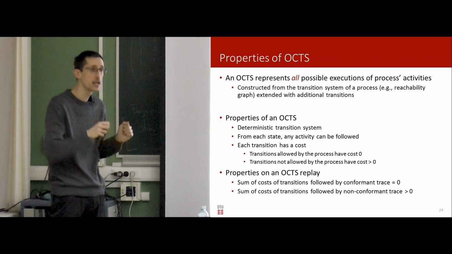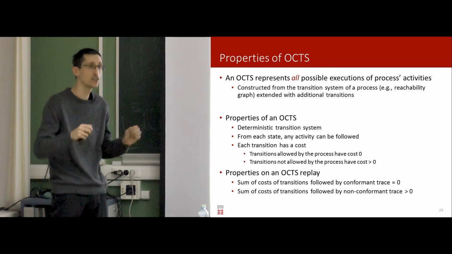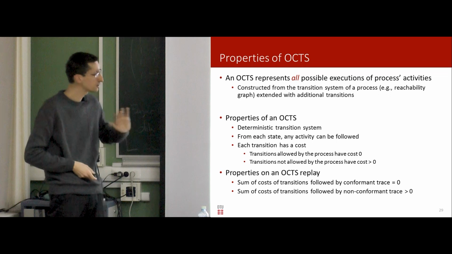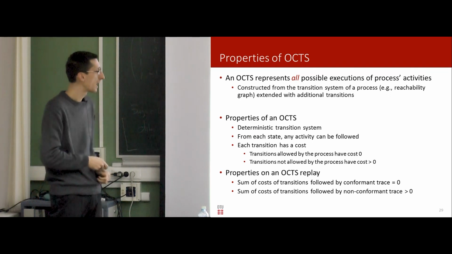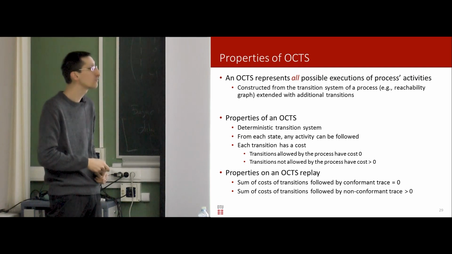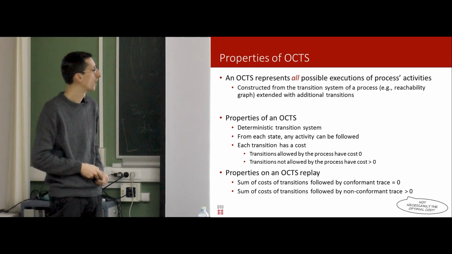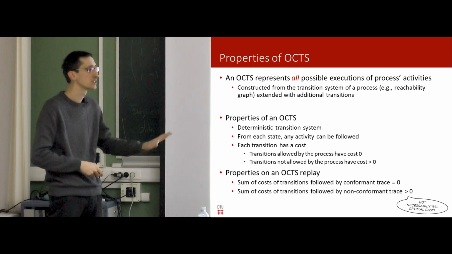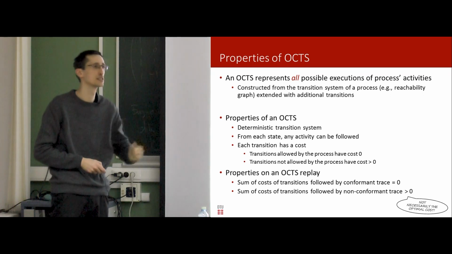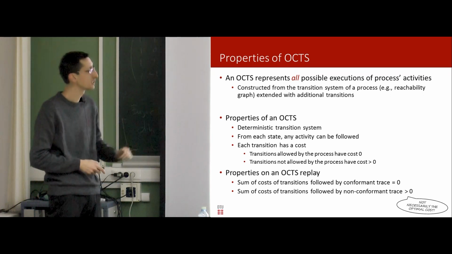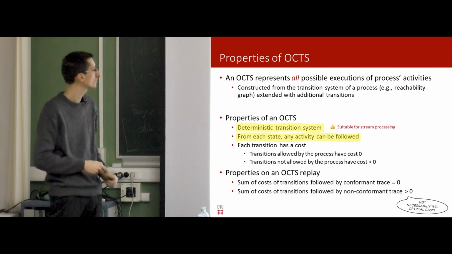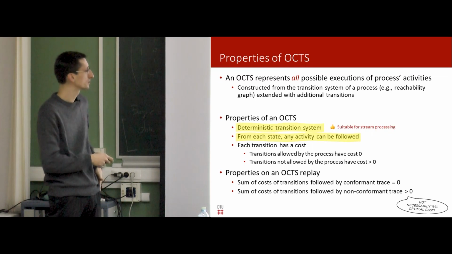So if we replay a trace that is in line with the reference model, cost is 0. Otherwise, if the execution is non-conformant, then we have a cost larger than 0. This cost is not actually the optimal cost as in the offline alignment, but it's larger than 0.